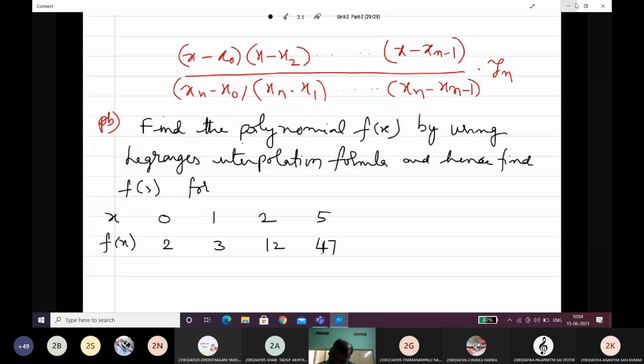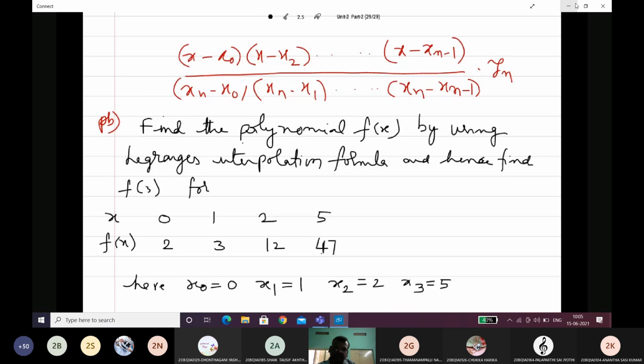Now note down what values are given here. Here x naught is equal to, tell me anyone, what is the value of x naught? 0. x1, please respond. 1, x2, 2, x3, 5.